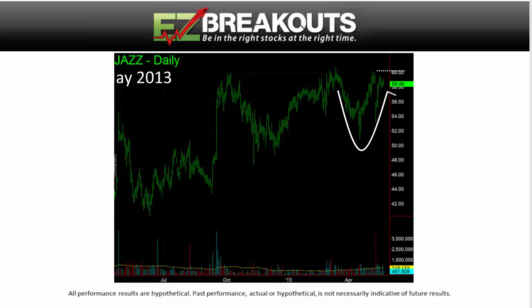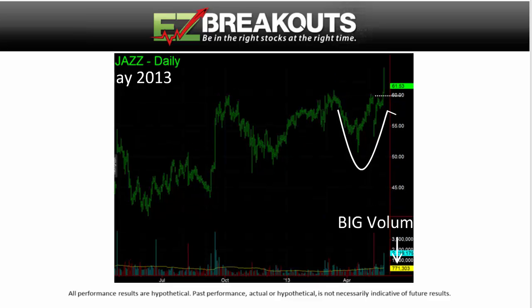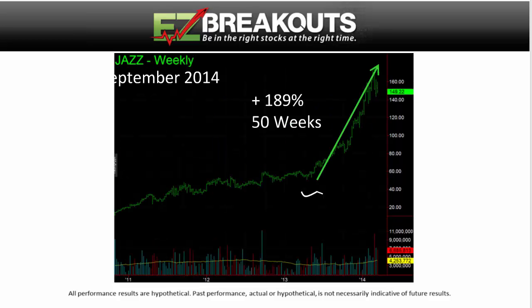And here's the buy point, right above the 60 evens, it breaks out on big, powerful volume, and Jazz Pharmaceuticals goes up about 190% in just about a year. It all starts with a cup and handle on the very initial breakout. And folks, this is how we start to recognize stocks that are potentially being accumulated by big funds, and the path of least resistance might exist to the upside.